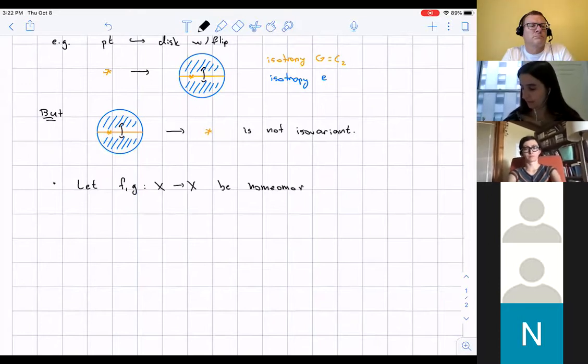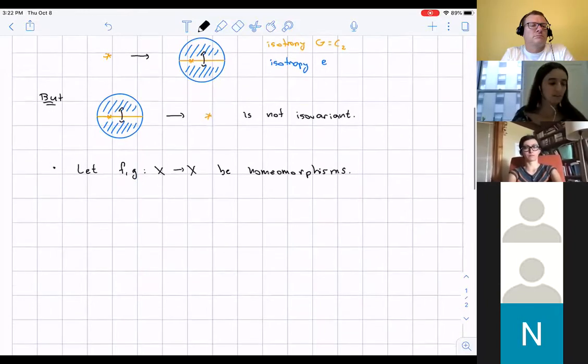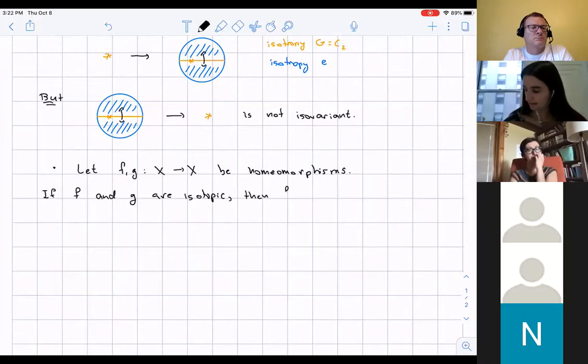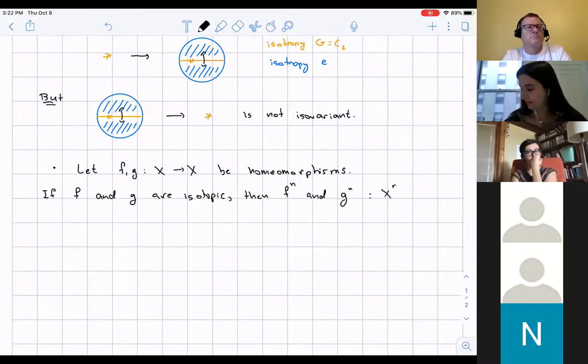If f and g are isotopic, then f^n and g^n, both from the n-fold product of X to itself, are isovariantly homotopic.